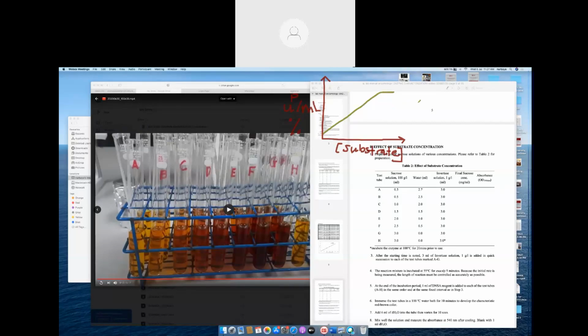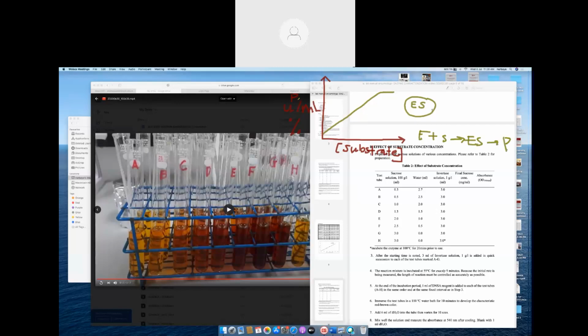We need to consider that our enzyme is just forming ES. We can measure the product, but we are also measuring the E combined with the S. So we have E plus S, which forms ES, and then we get the P, the product.